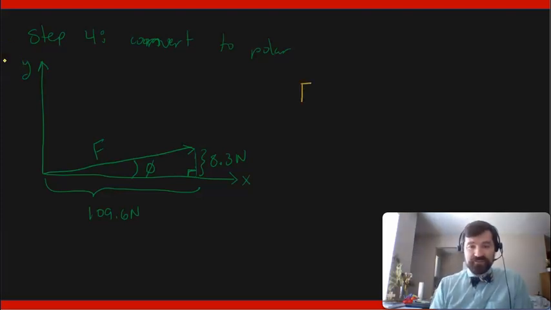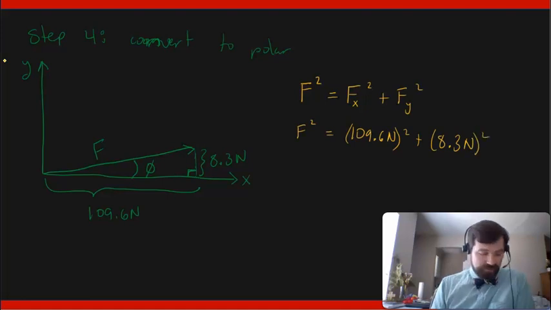So it should be obvious that F squared, the hypotenuse squared, should be the first leg squared plus the second leg squared. So F squared is 109.6 newtons squared plus 8.3 newtons squared.